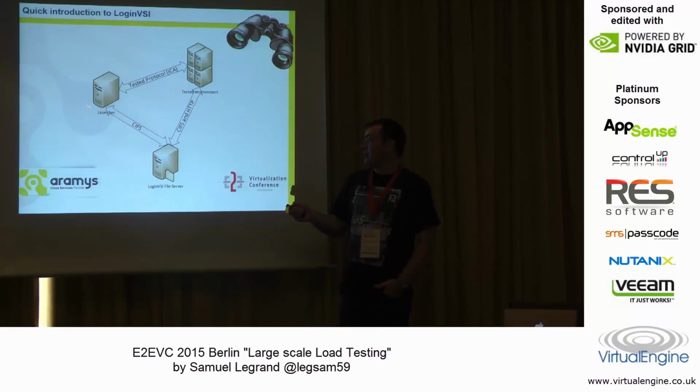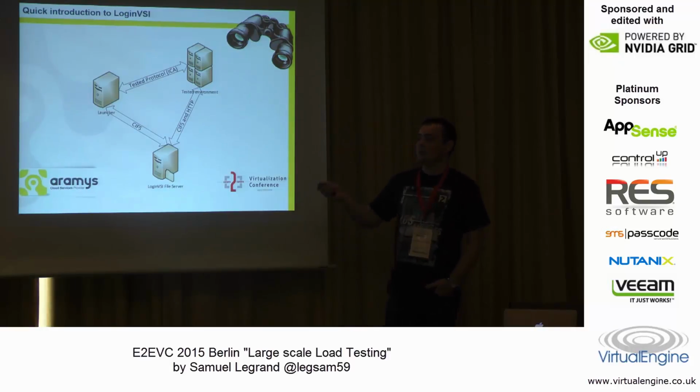The launchers are configured by the Login VSI file server. So when you make a configuration through the Login VSI console, a file is written on the share, and the launcher gets the files on this share in order to configure itself.